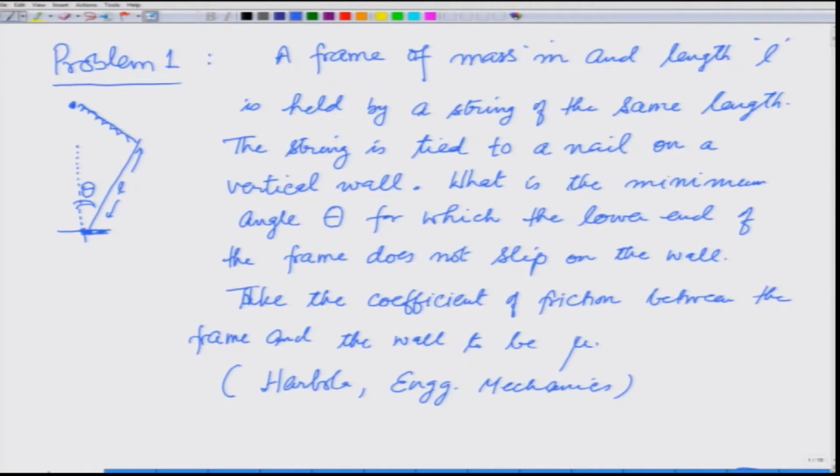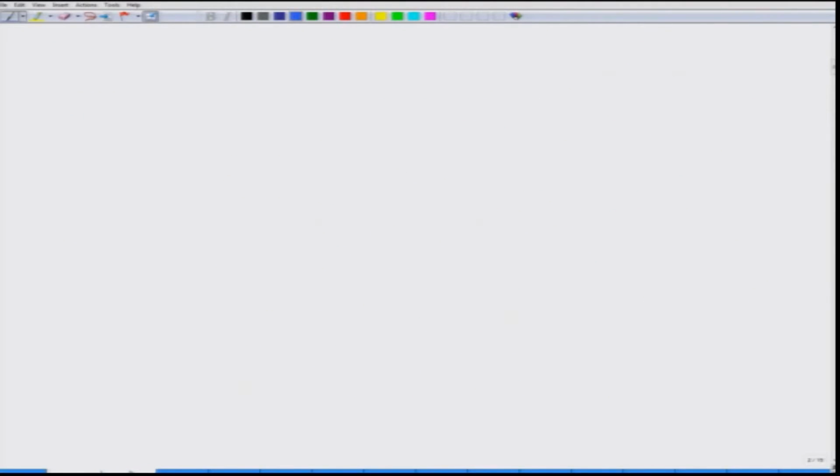So, let us see and analyze what we are doing. This is the wall, here is a nail and this is the string, and the frame I am going to make with a different color. This is the frame, and make it a little thicker.